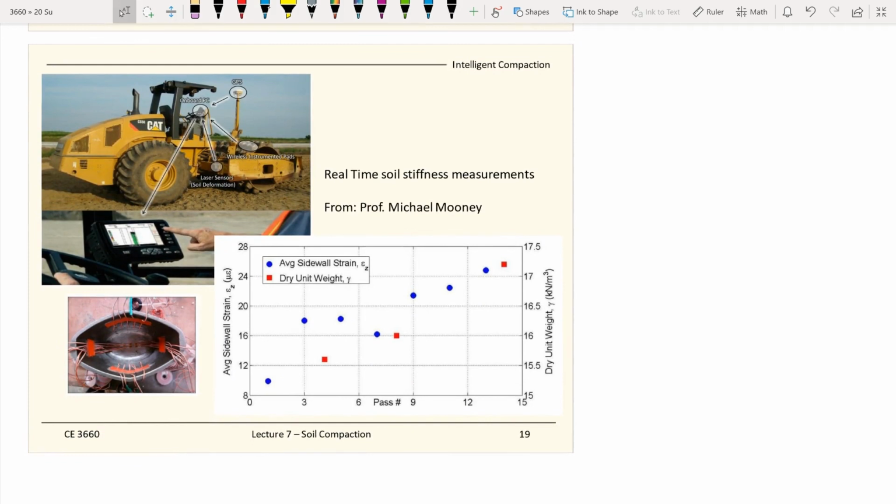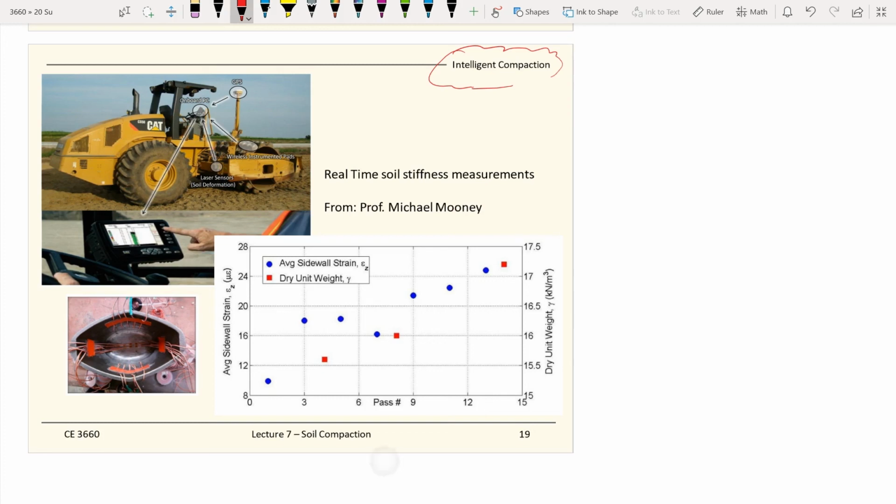So lastly, future research. Instead of doing discrete point measurements, there's also ongoing research on intelligent compaction, which means as the contractors are doing the compaction with the compactor, nowadays the technology is capable of real-time measurements.